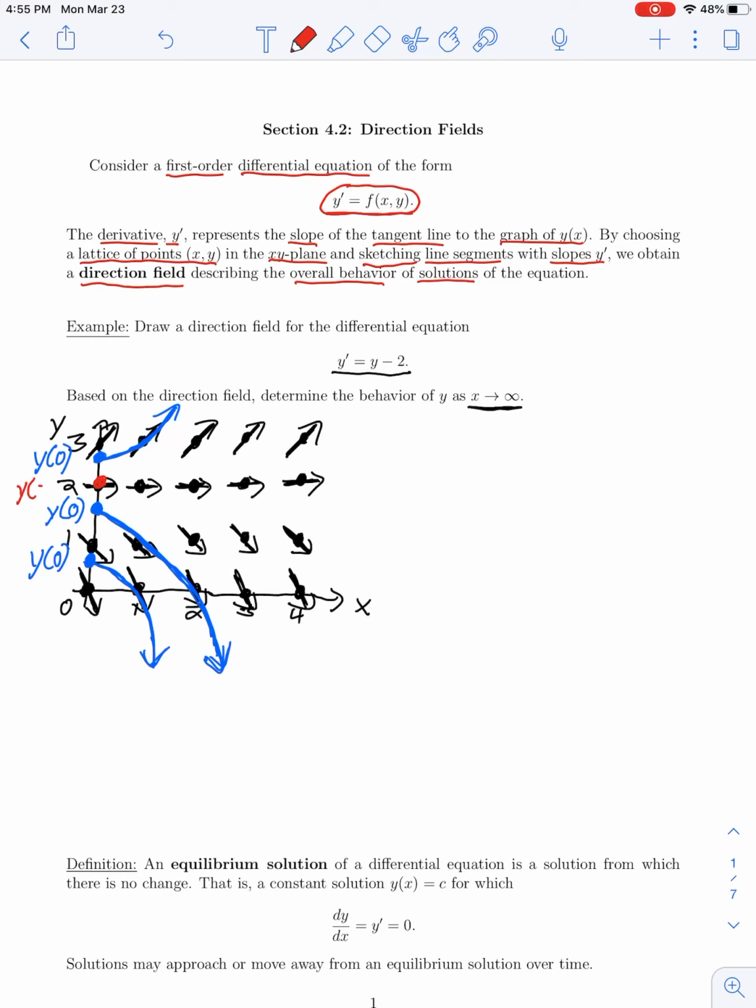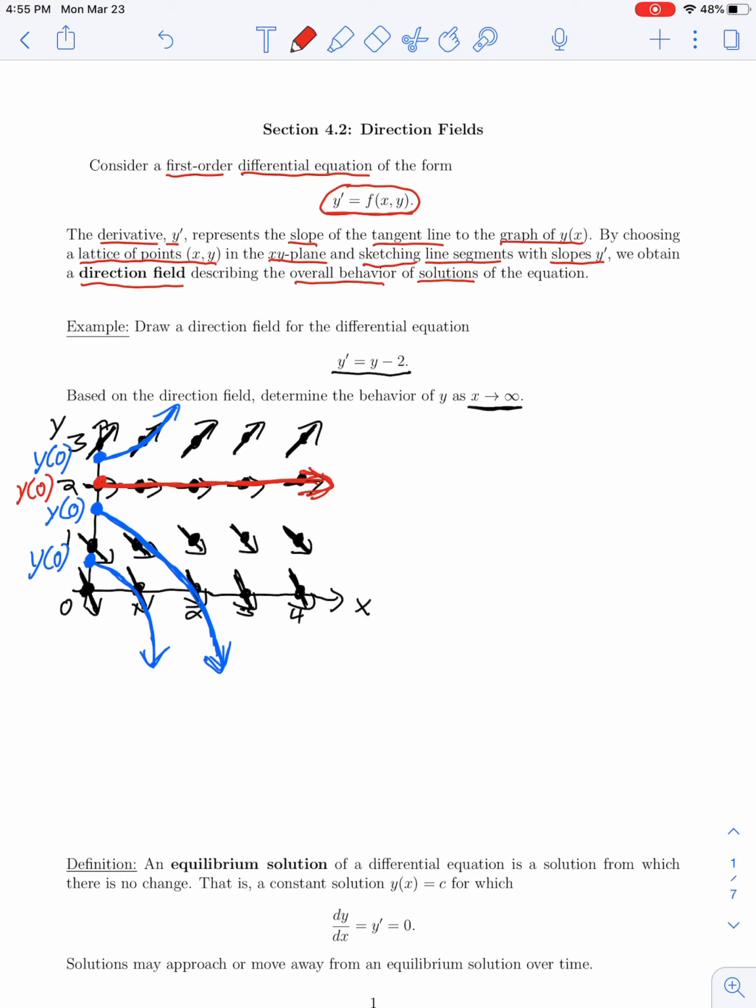So if we were to choose an initial value of y equal to 2, well, we saw that y prime in that case would be 0. That is, there is no change, or zero rate of change, for my function y. So if I were to look at the graph of my solution passing through that point, it would be a constant value, a value of y from which there is no change. I would follow these little horizontal line segments and stay at 2 forever.